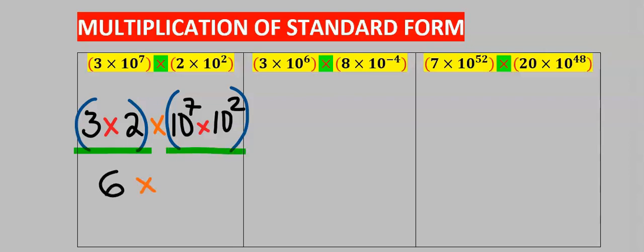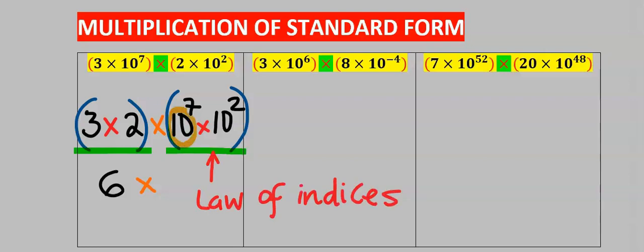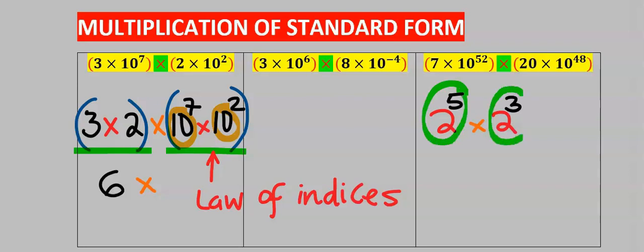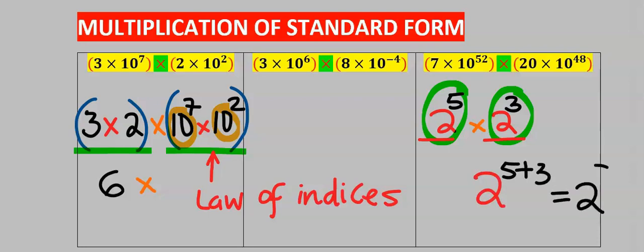Next, the tens, we're going to apply the law of indices because this 10 and this 10 are the same. For example, 2 to the power of 5 multiply 2 to the power of 3. Because these 2 are the same, I will write 2, and I'm going to add their powers, and here I will have 2 to the power of 8.